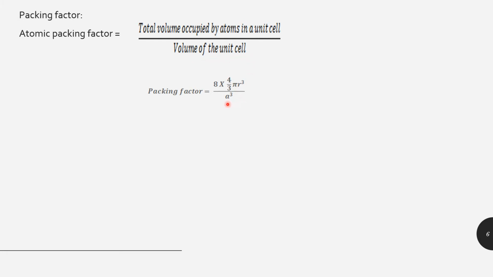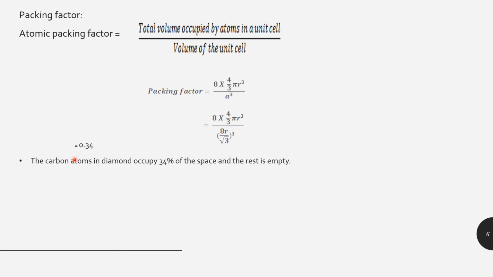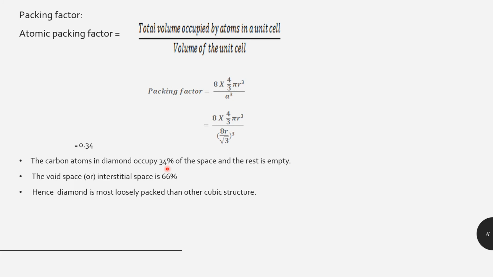One side has length a, so the volume of the cube is a cube. As we have got the atomic radius, you can rearrange that formula and substitute a as 8r upon root 3. So this comes as 0.34. That means the carbon atoms in the diamond structure occupy 34% of the unit cell. So hence diamond is the most loosely packed structure.